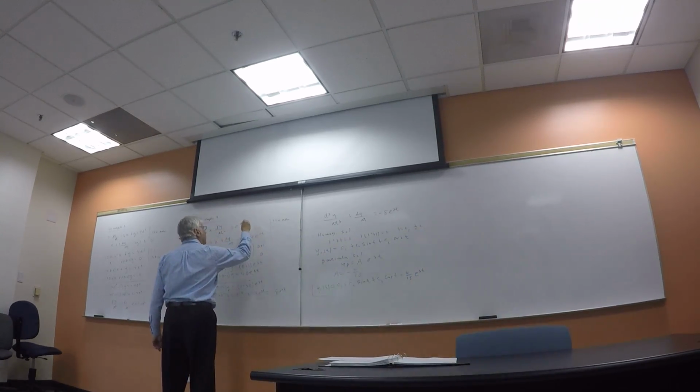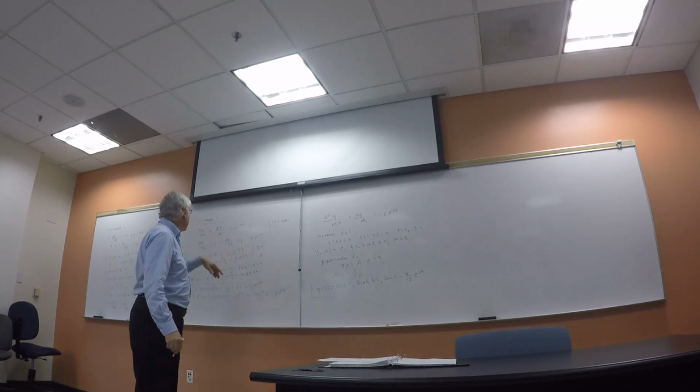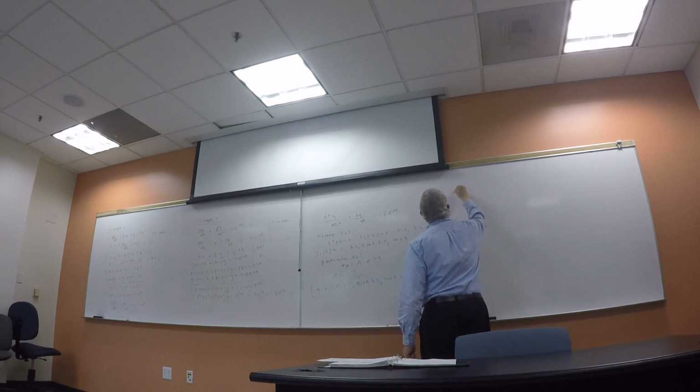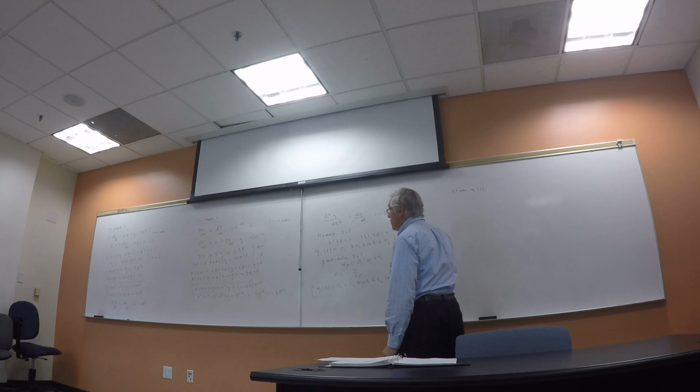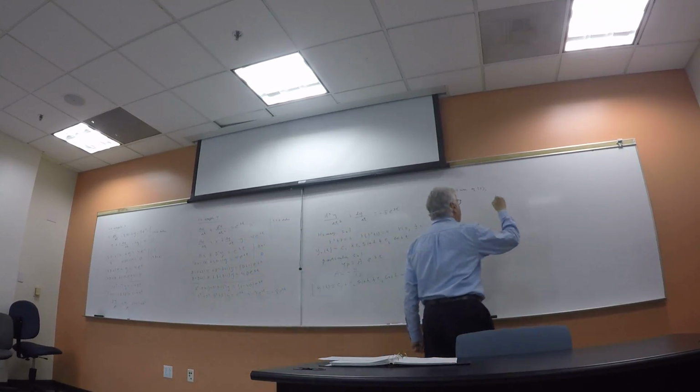I chose to do this one, number 1. I got y, so I just do x dot. From equation 1, we find that dx/dt is e to the 3t minus y double dot.